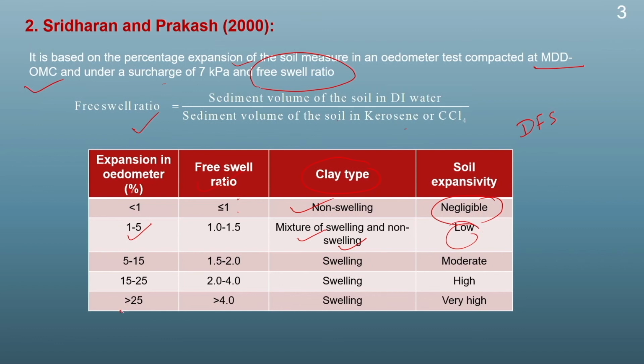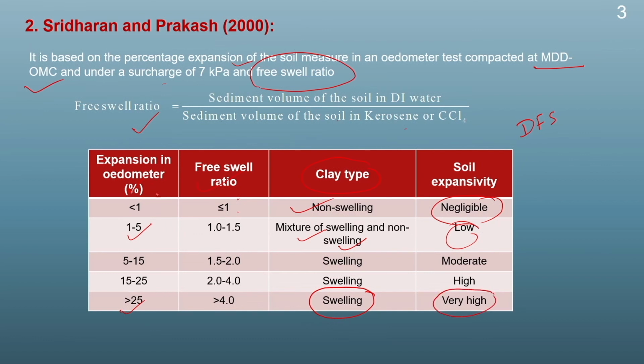If expansion in odometer test, or the swelling potential in odometer test, is more than 25, the free swell ratio is more than 4.0, the soil clay type will be a swelling type soil and the soil expansivity can be termed as very high.